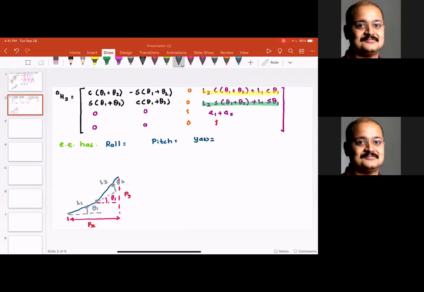So the end effector has a certain roll angle, a certain pitch angle, and a certain yaw angle. Since this is a planar robot, clearly the end effector is not going to pitch, it's not going to roll, it's only going to yaw. So for this particular case, your roll angle will be 0, your pitch angle would be 0, and you would be given some non-zero yaw angle. But that yaw angle is with respect to the base frame, with respect to your 0 axis. Which is this guy.